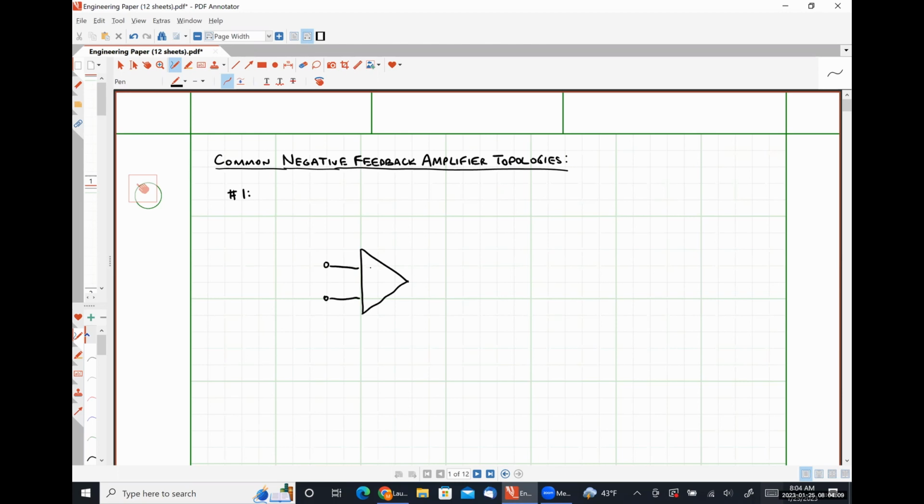So let's call this the inverter. Over here is our output terminal. Let's consider a system where we have some feedback resistance, RF, like so.